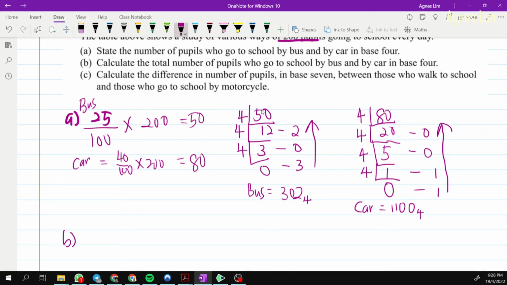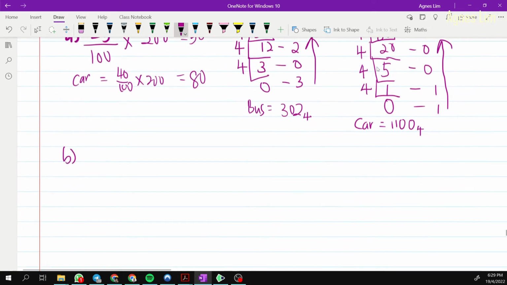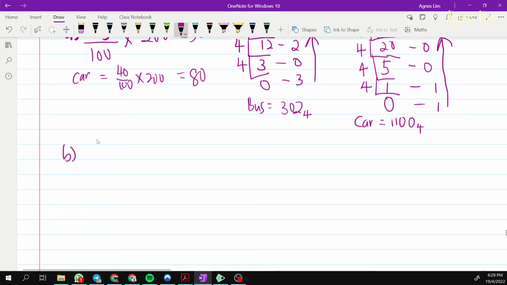For B, calculate the total number of students who go to school by bus and by car in base 4. Since we already converted to base 4, we directly calculate. I put the bigger number at the top, plus 302 base 4.